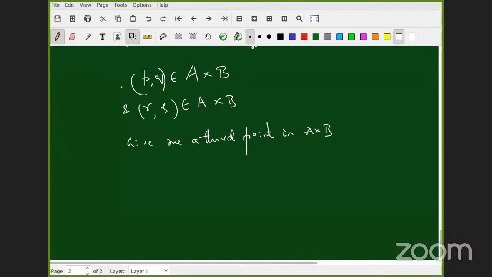I don't know any information about A cross B. It's something like saying I have 1 comma 2 in A cross B, and, say, minus 32 in A cross B. Shivakumar, can you now give another point in A cross B? Forget about this question, answer this question. Shivakumar?